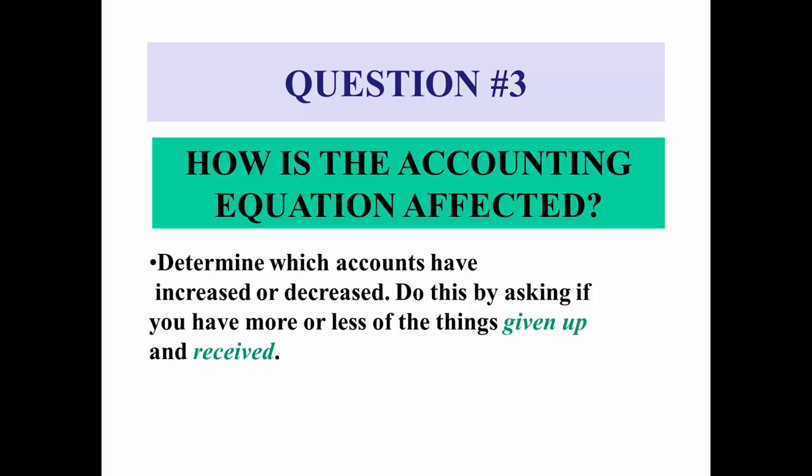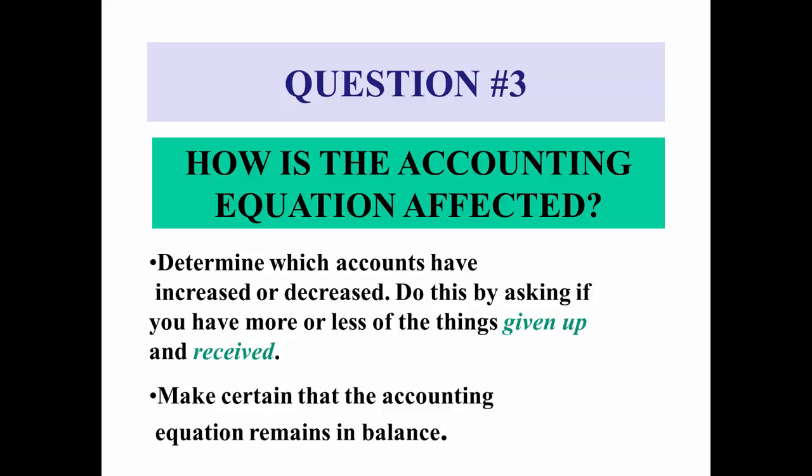Look at the thing we're receiving and ask, do we have more or less of this? Then put your plus and minus down on question 2 next to the accounts. The second part of question 3, once we're all done, is to make sure that the accounting equation remains in balance. The A equals L plus E.